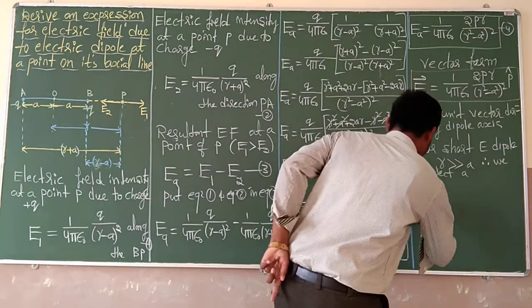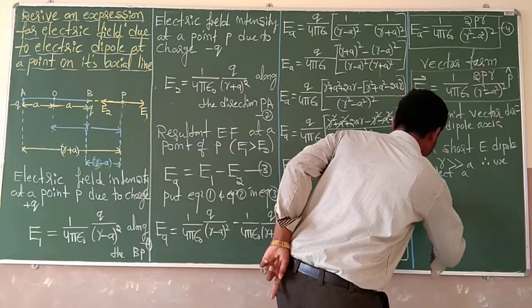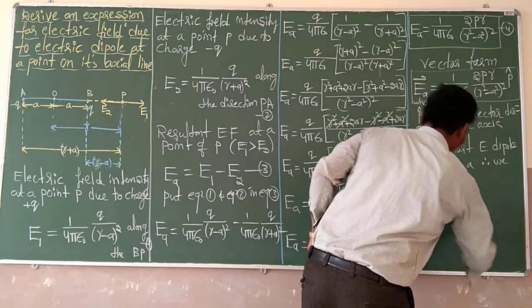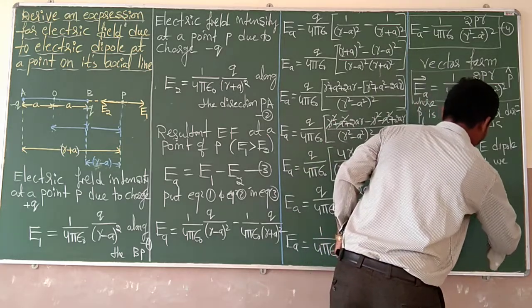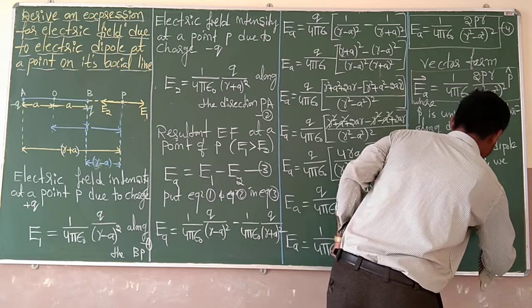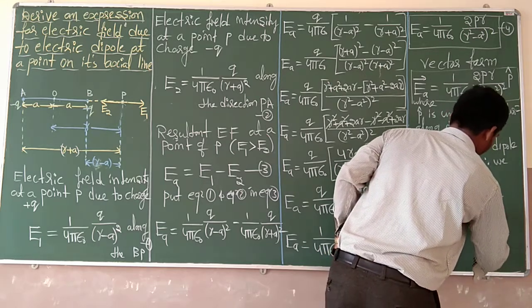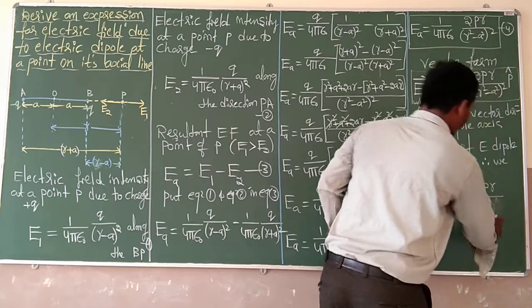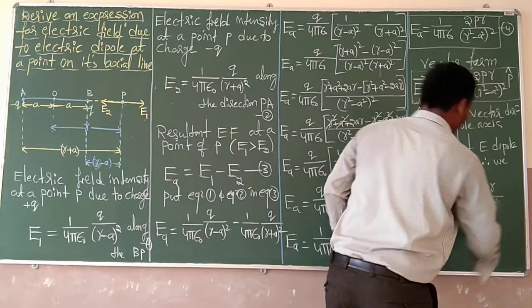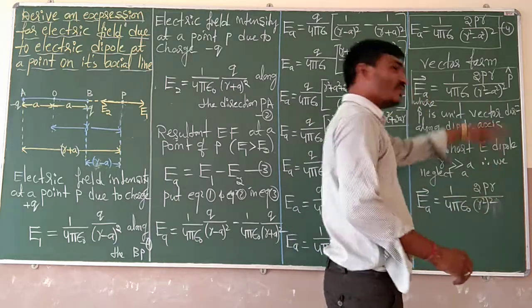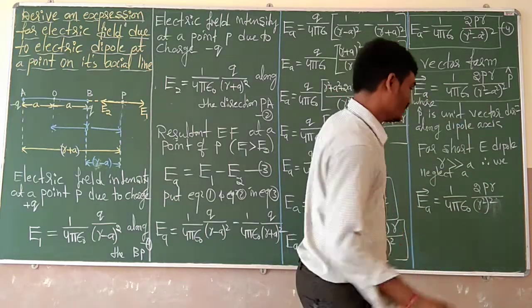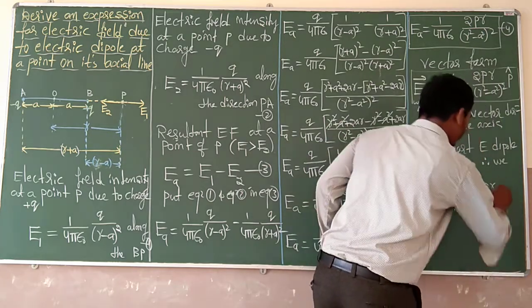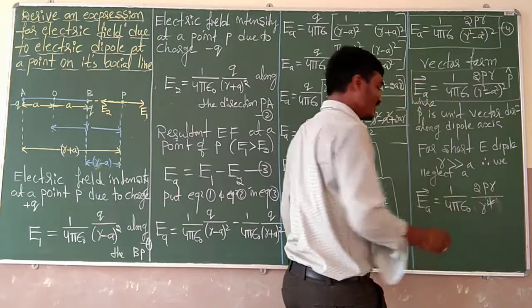Then this equation becomes E_A vector is equal to 1 divided by 4 pi epsilon naught, 2pr divided by (r square minus 0). When neglecting, r square whole to the power square becomes what? r to the power 4. We can write directly, right? This is r to the power 4. Here also one r, here also one r get cancelled.